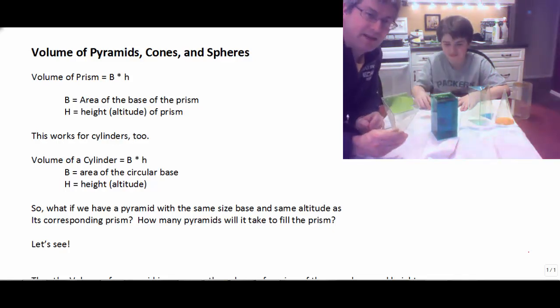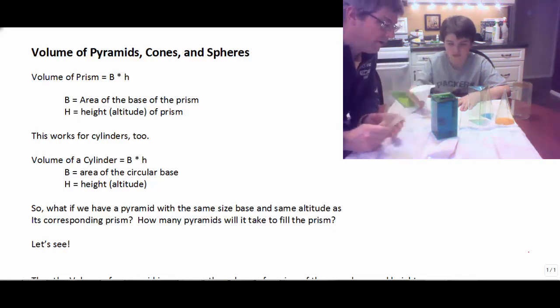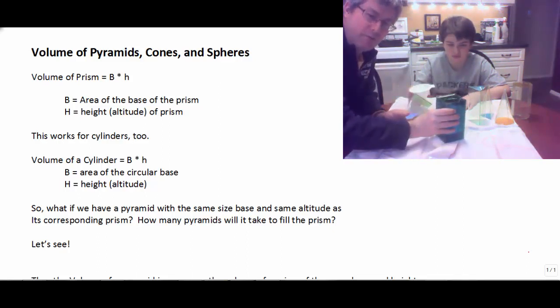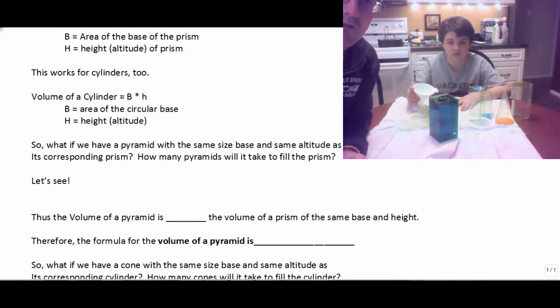So that must mean that the volume of our pyramid is 1/3 of the volume of our prism, which then leads us to our formula. The volume of our pyramid is 1/3 the volume of a prism of the same base and height.